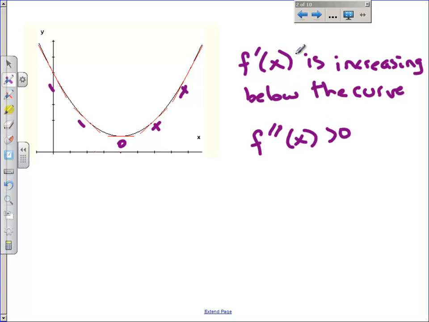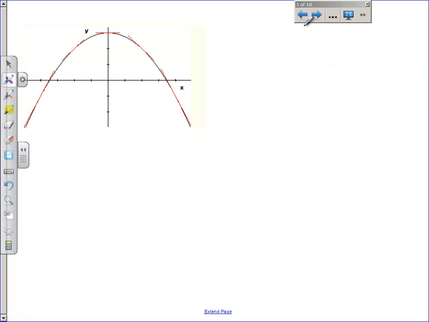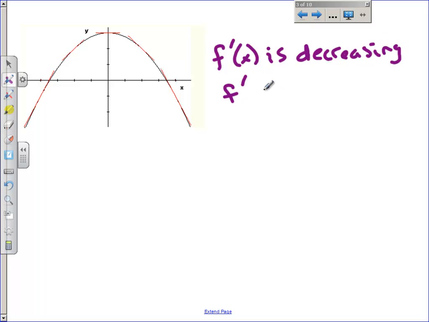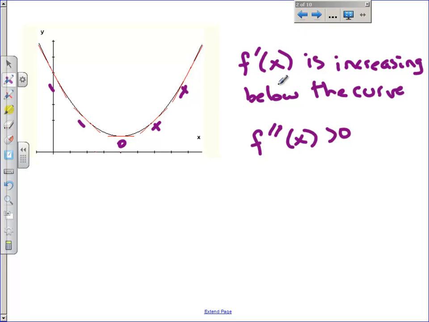Let's go to a concave down graph. It happens when f prime of x is decreasing, or getting smaller. You might also notice that the baby tangent lines are above the curve. Earlier they were below the curve, which means we are concave up.